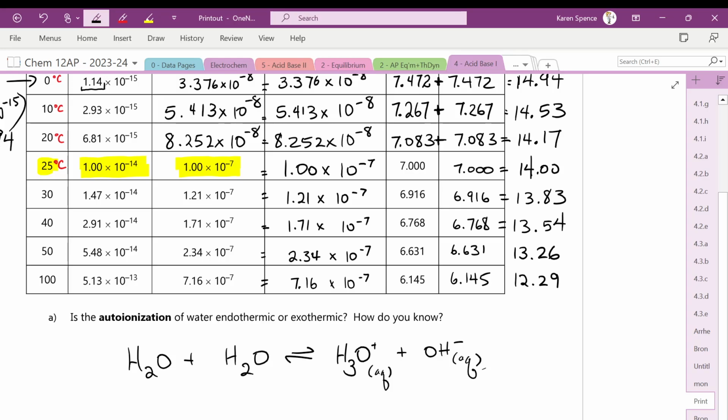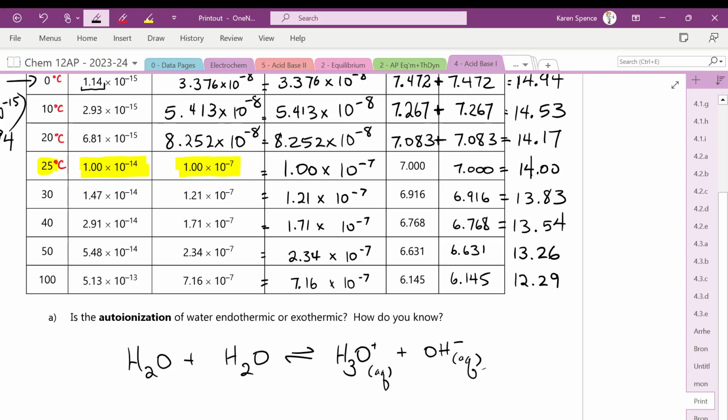So if I increase temperature, it wants to shift in the direction that absorbs some of this temperature. I don't understand how. Okay. Why is KW increasing? So remember that KW is concentration of products over concentration of the reactants.